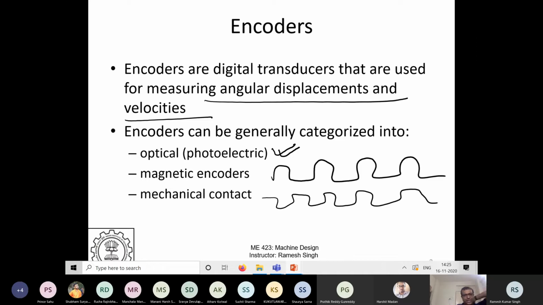That was actually a mechanical contact encoder. At every location there was contact making and breaking, so you were getting a signal, and the signal corresponded to the music. So that's a mechanical contact kind of encoder. That's actually an encoder if you think about it. It gives you a signal.